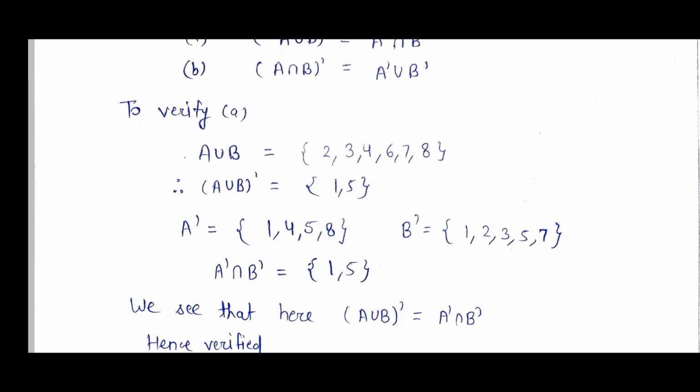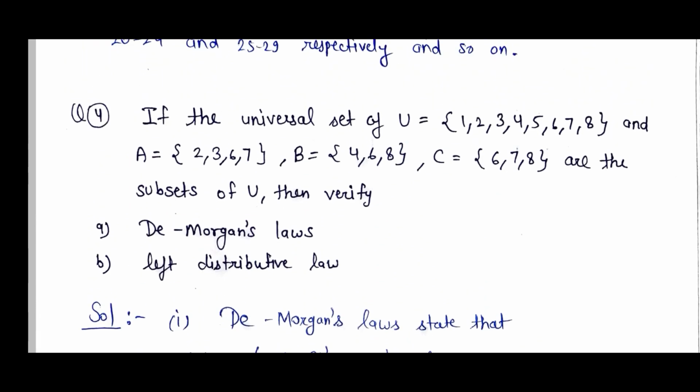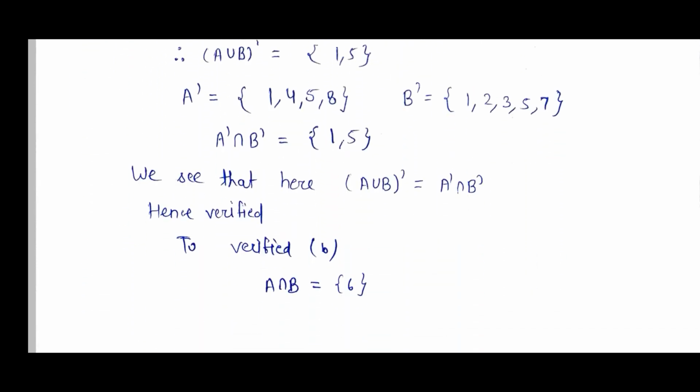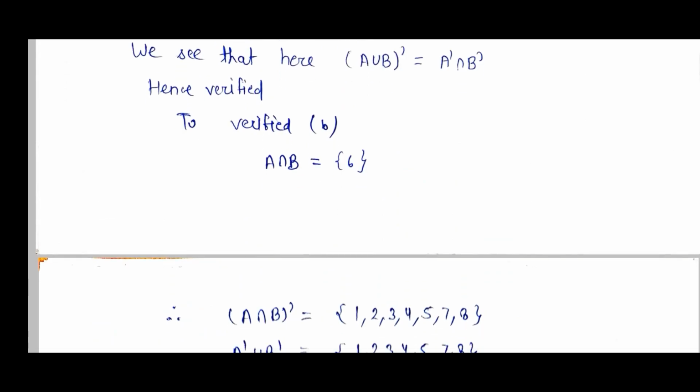Now how do we find A' and B'? We have A given as 2 3 6 7, so the numbers not given in A are A', and the numbers not given in B are B'.